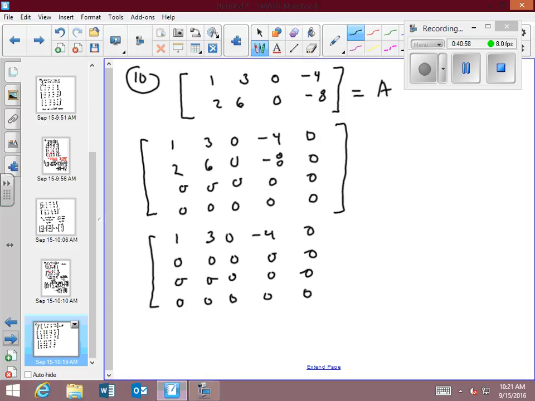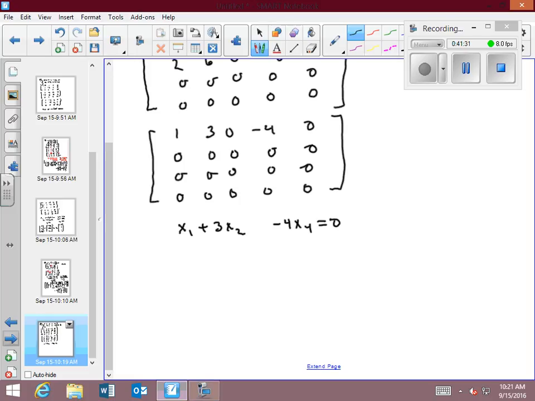It went free on me too, didn't it? Right? So I got x2 is free, x3 is free, x4 is free. And I got one parametric equation which says x1 plus 3x2 minus 4x4 equals 0, correct?